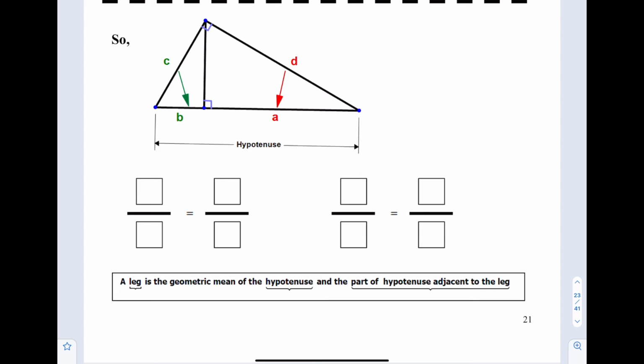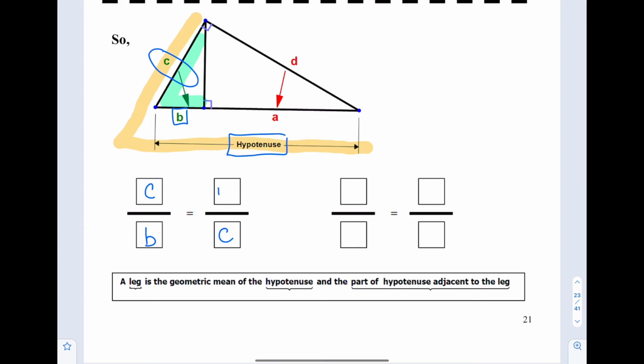So if we concentrate on the little right triangle on the left here, highlighted in green, and then the big right triangle highlighted in yellow, then I can put those pieces together. The side they share here is the side C, so that would show up twice in the proportion. Then I would use the small piece of the right triangle that I didn't use in green, so that would be the side B, and the hypotenuse.